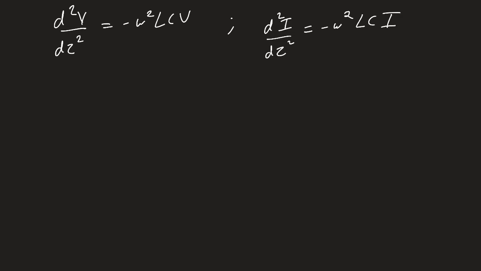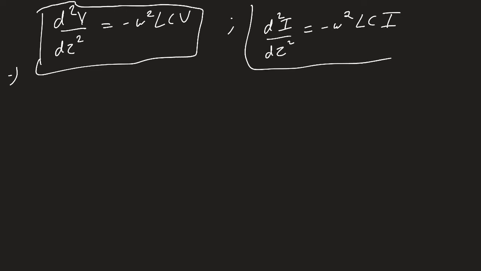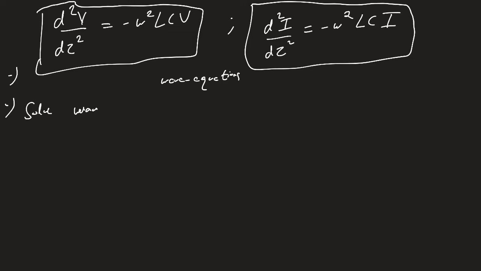Now these wave equations only have a z dependence. So this is our wave equation for voltage, and this is our wave equation for current. So let's solve the wave equation for voltage.